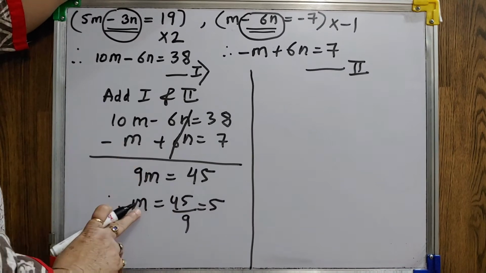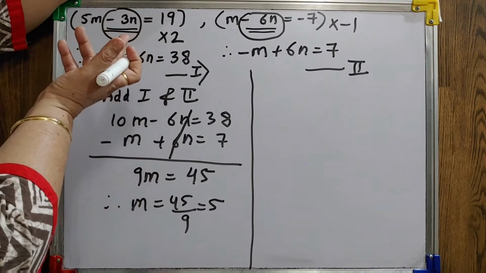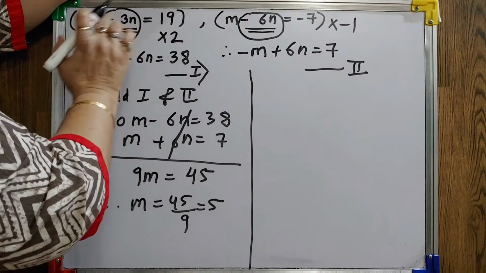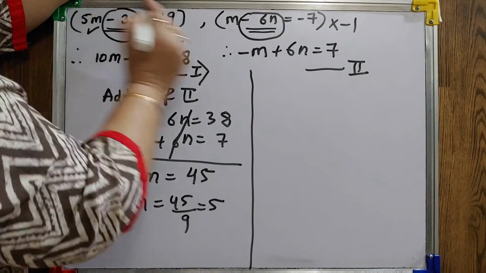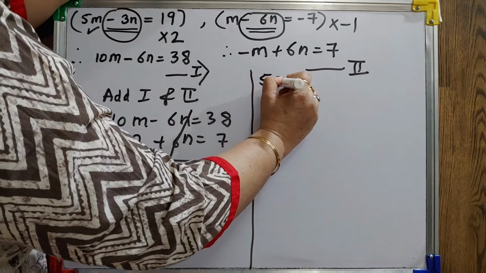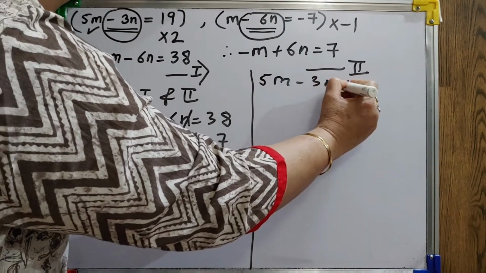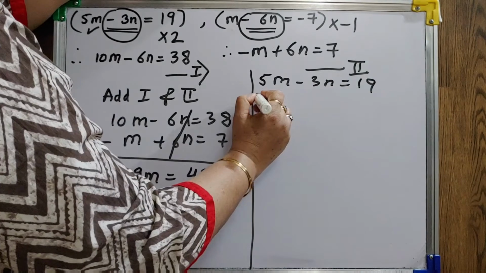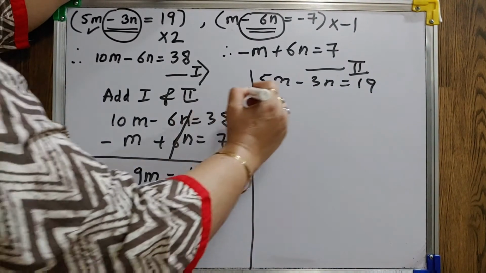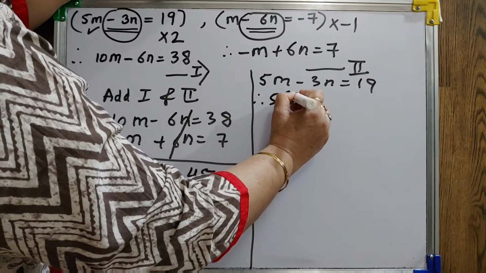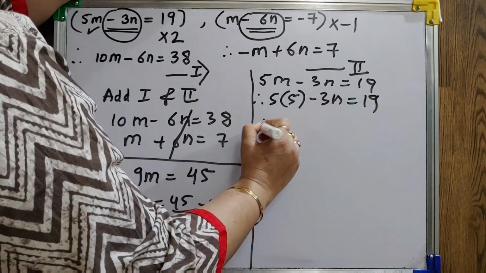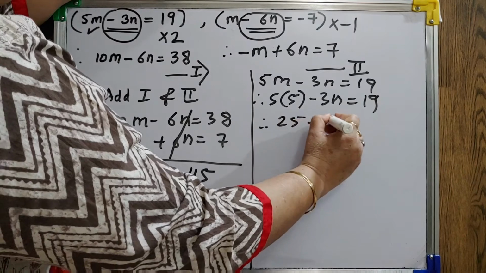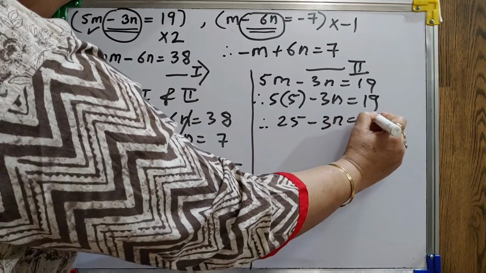Now substitute this value of m in any of the equations, either first or second or the original form. Suppose I am taking this form. My equation is 5m minus 3n equals 19. Now in this substitute the value of m. I got m as 5. So this is 25 minus 3n equals 19.